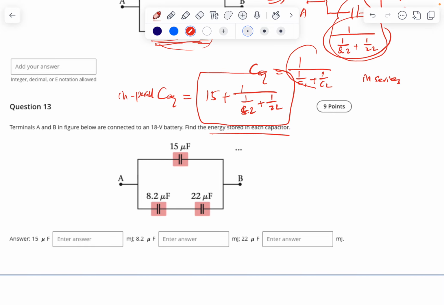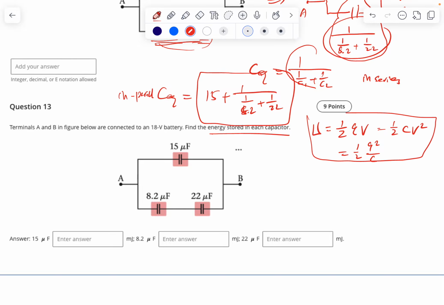Energy here equals 1/2 charge times voltage, also equal to 1/2 CV squared. If you know the voltage on each one, you can figure out the energy stored. Or it's also equal to 1/2 Q squared over C. So this is the equation.